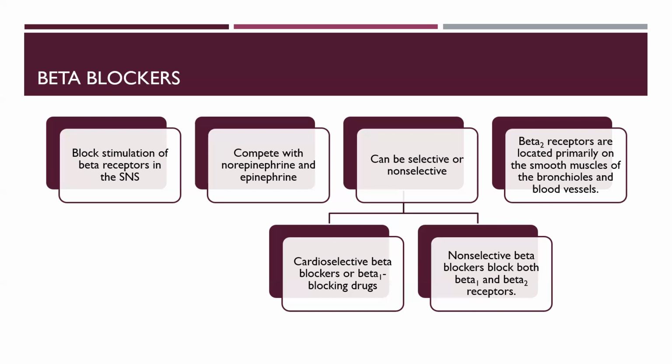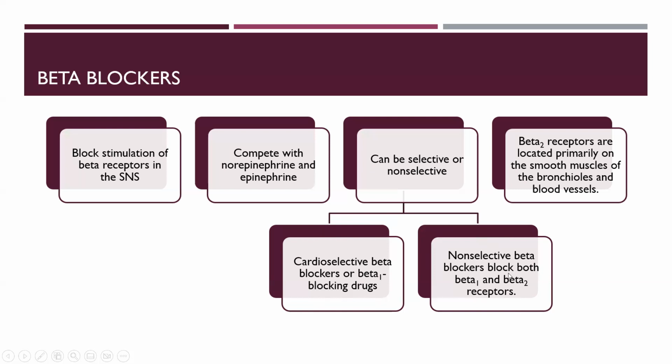So looking at this, these beta blockers will compete with norepinephrine and epinephrine. They can either be selective or non-selective. When we say a beta blocker is selective, we're talking about cardioselective beta blockers or beta 1 blocking drugs. So these are ones that are only going to affect the heart. Non-selective beta blockers block both beta 1 and beta 2 receptors.